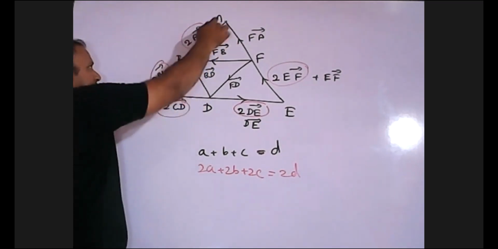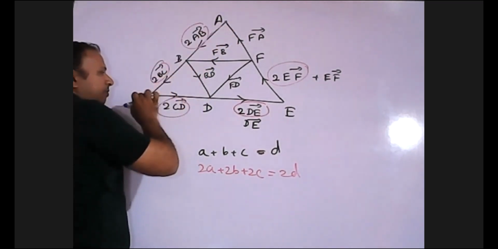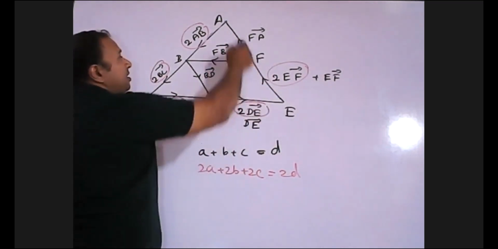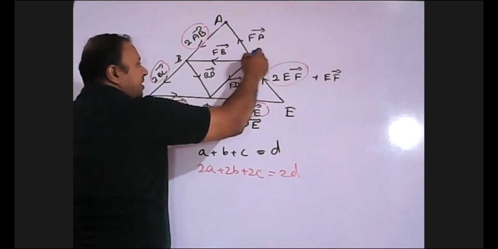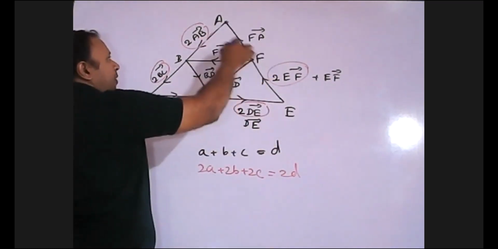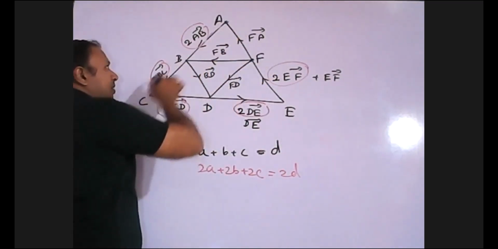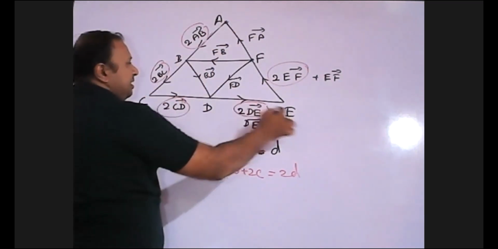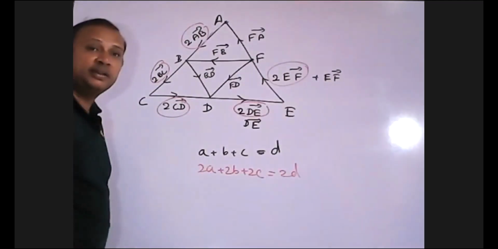So this is the starting point, this is the end point, from A to B, C, D, E, F. All the vectors are in order.